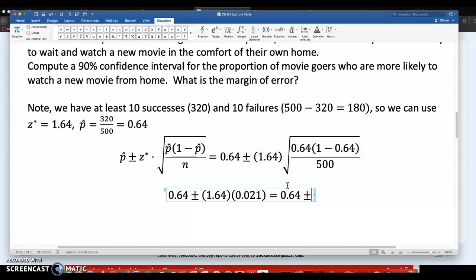Then 0.64 plus or minus, and if I multiply that times 1.64, I get 0.035.